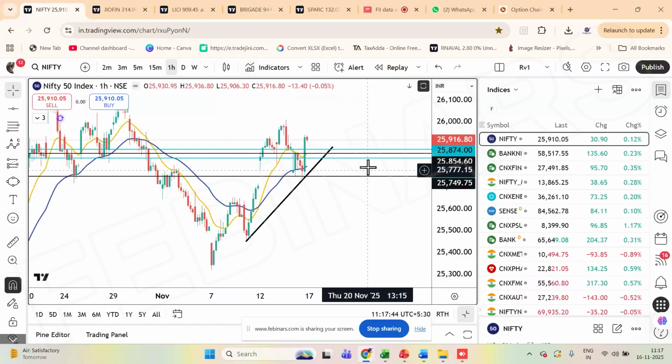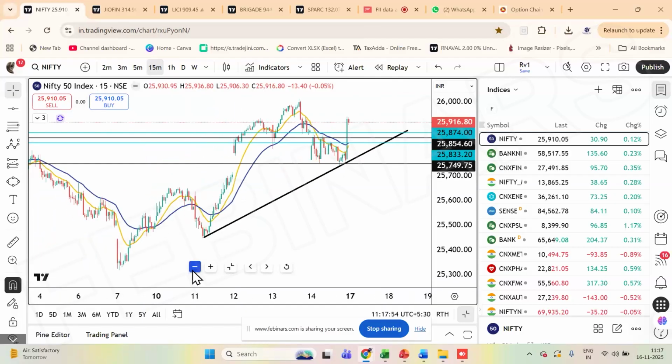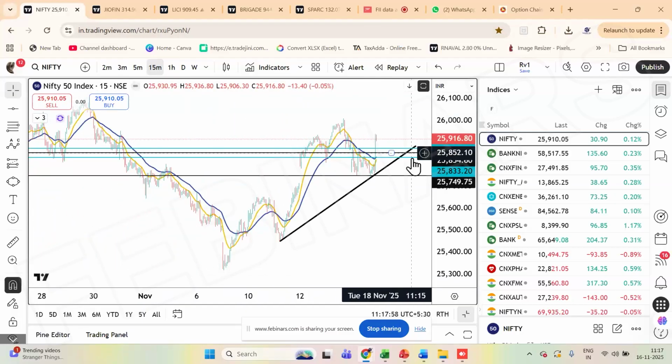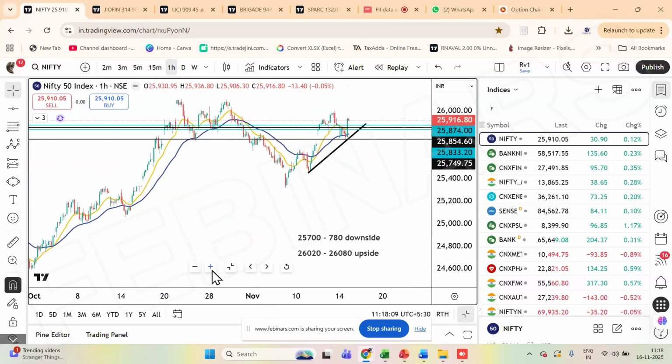Then the next leg after a flag would resume the rally, but this seems to be an impulse rally. As I would see, this seems to be an impulse rally. Now the consolidation here matters. Degrees are different, the 15 minute and hourly charts are both showing different signs of behavior in these markets.